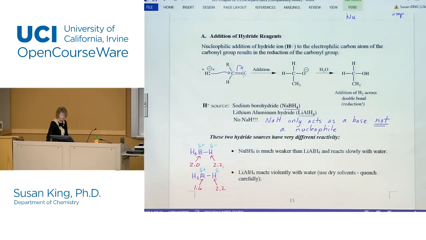Which one of those bonds is the most polarized? Yeah, lithium aluminum hydride. There's the most partial negative charge on hydrogen, so it's a more reactive form. Sodium borohydride is much weaker than lithium aluminum hydride and reacts slowly with water, and this reagent only reacts with aldehydes and ketones.